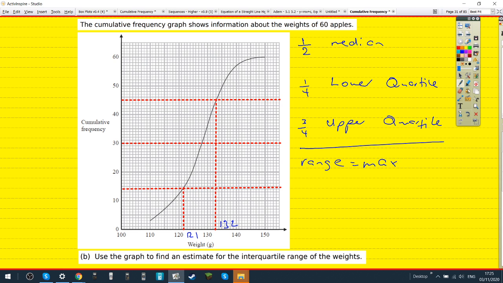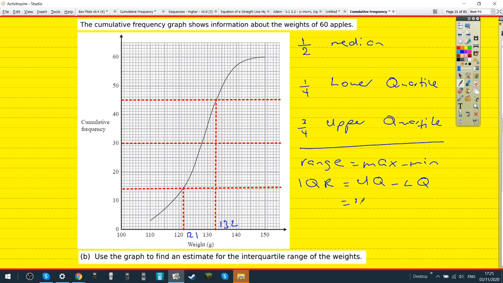And so the range is the max minus the min. The interquartile range is the upper quartile take away lower quartile. And so what is the interquartile range for this question? You take away the weight, not the number. Yep.